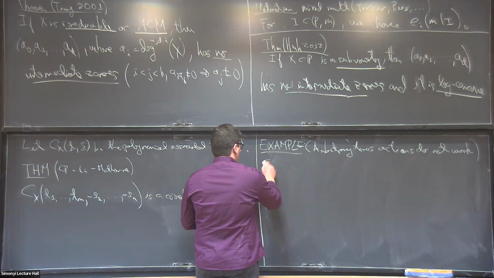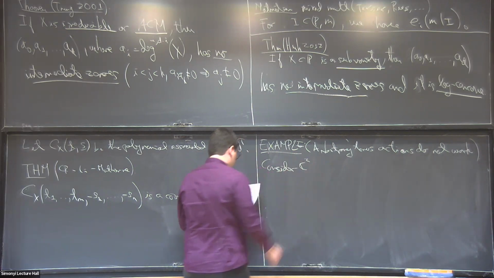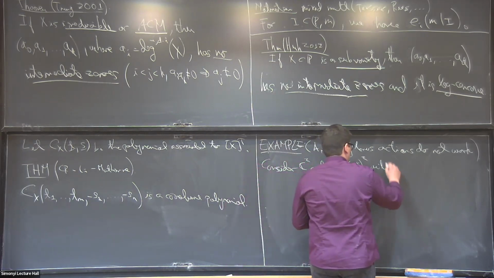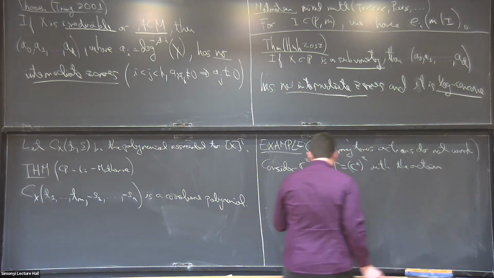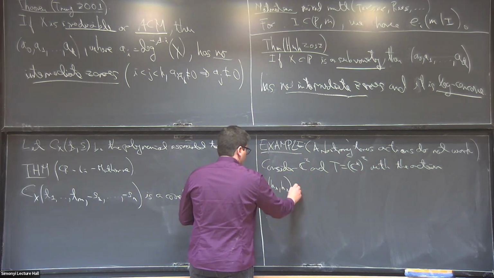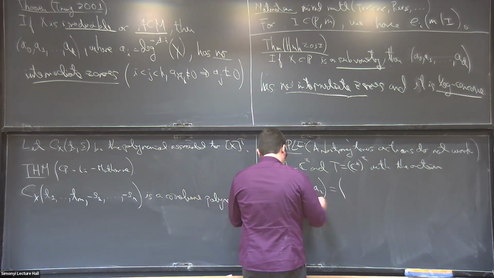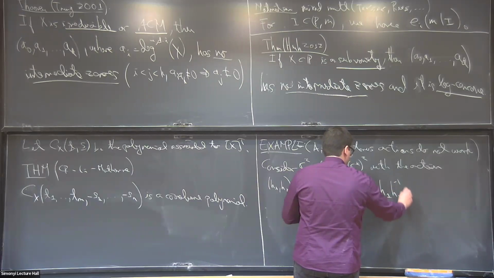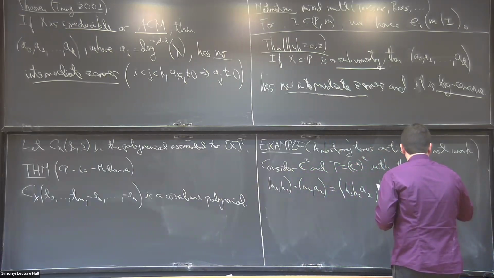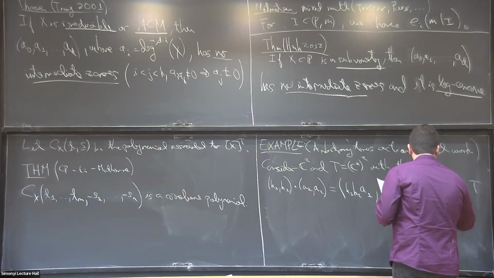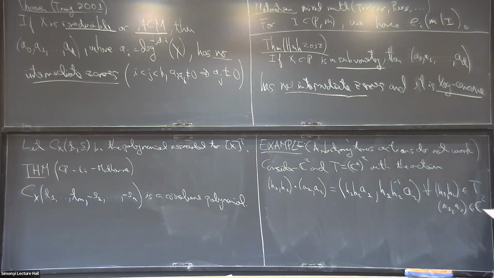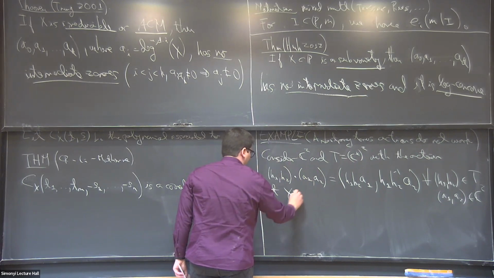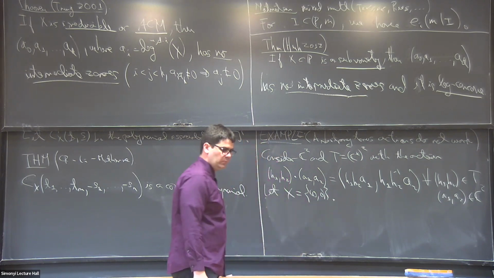So let's consider just C² and (C*)² with the action (h1, h2) · (a1, a2) = (h1 h2 a1, h1 h2⁻¹ a2) for all (h1, h2) inside the torus and all (a1, a2) inside C². Okay, and let me just consider X, the variety given by the origin.